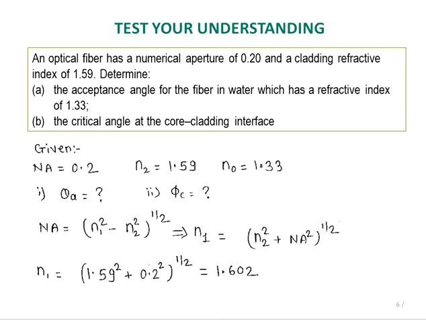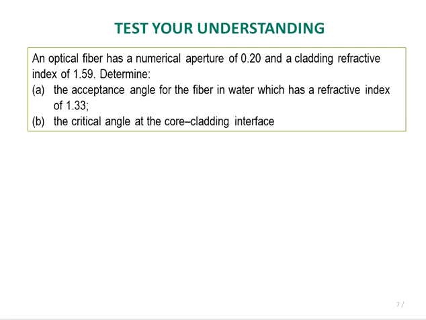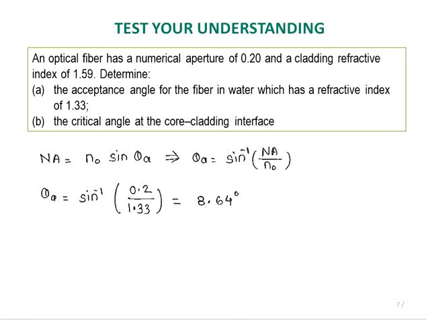Now that we know the value of n1, we can find theta A by using NA and n0, as NA is equal to n0 sin theta A. Theta A is equal to sine inverse of NA by n0. So we got the value of theta A, that is the acceptance angle, 8.64 degree.